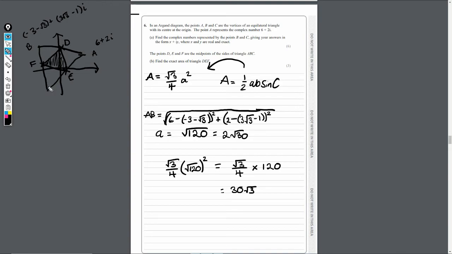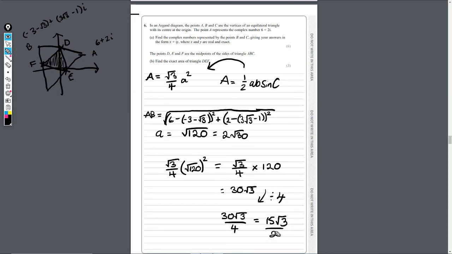If any of you are fans of The Legend of Zelda, you'll notice this is like the Triforce. So we've got this triangle in the middle here, a quarter of my original triangle. So we need to now divide this by 4. So 30 root 3 over 4 will just cancel to 15 root 3 over 2.